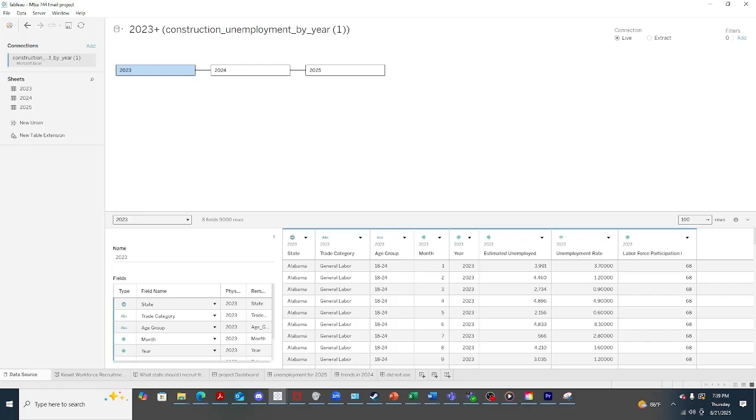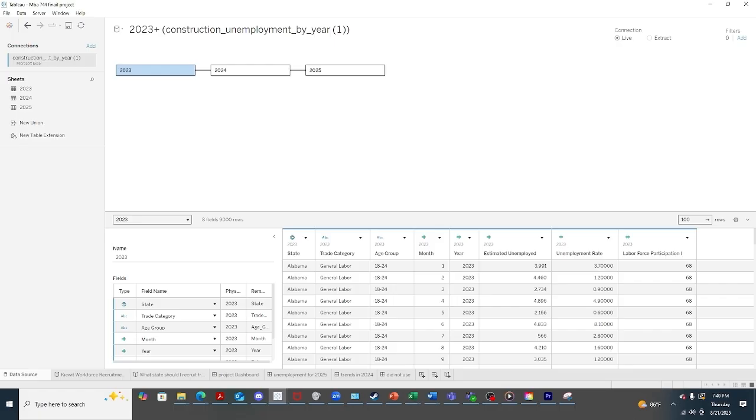This allowed the project to calculate more accurately measures such as labor force participation rate and age-specific unemployment pools related to total state population. The census data also helped validate state-level labor pools to avoid skewed results caused by raw population size differences.